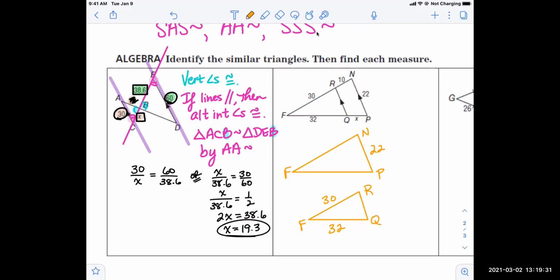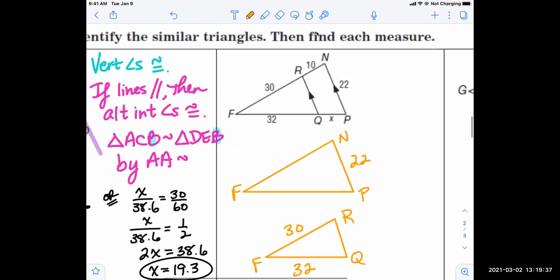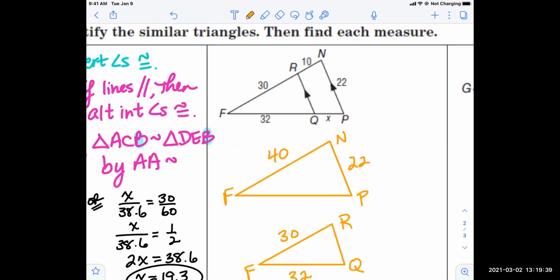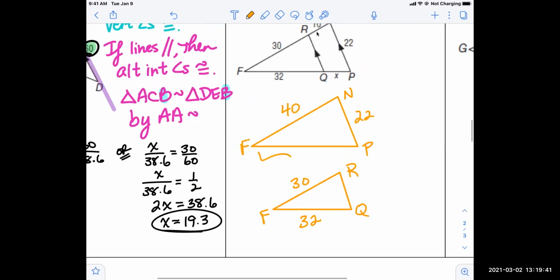What is side FN equal to? That's 40, right? And then on this side of the triangle, oh my goodness. Kara, tell me what that side of the triangle should be.